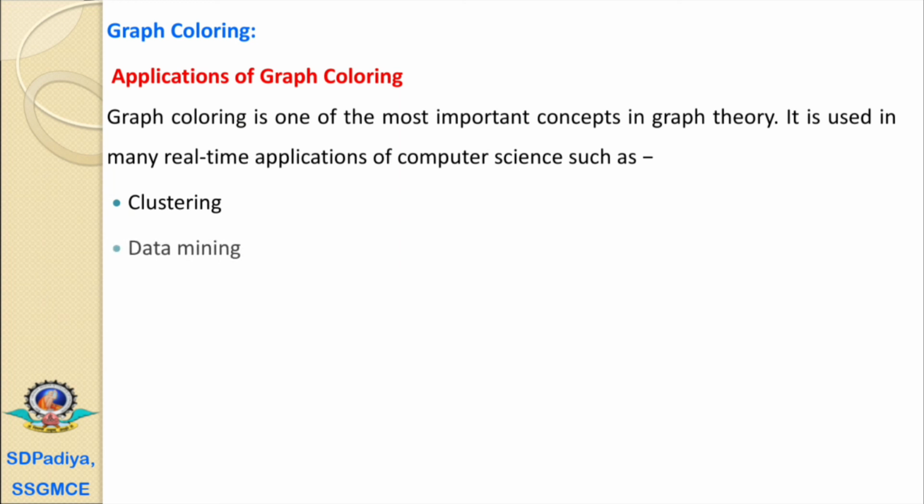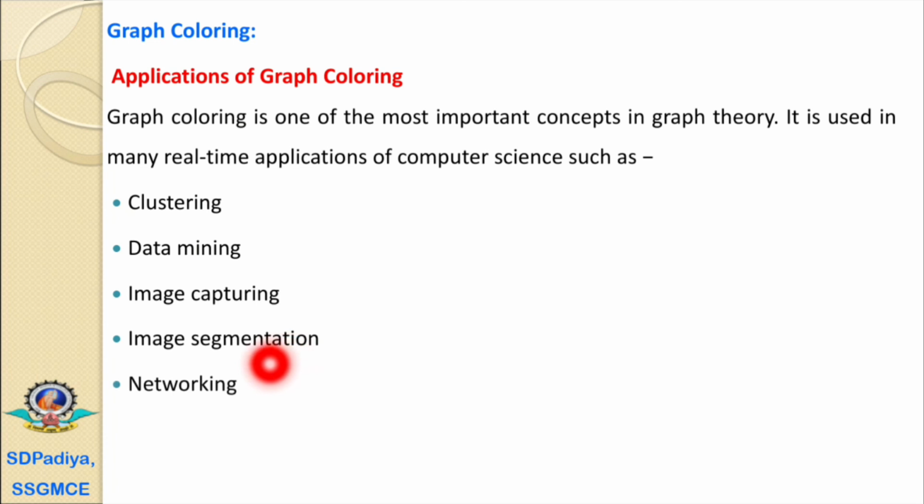It is used in data mining, in image capturing and image segmentation. It is used in networking, where we can define different cables with different colors, in resource allocation, and also in process scheduling. These are some major areas of computer science where graph coloring is useful.